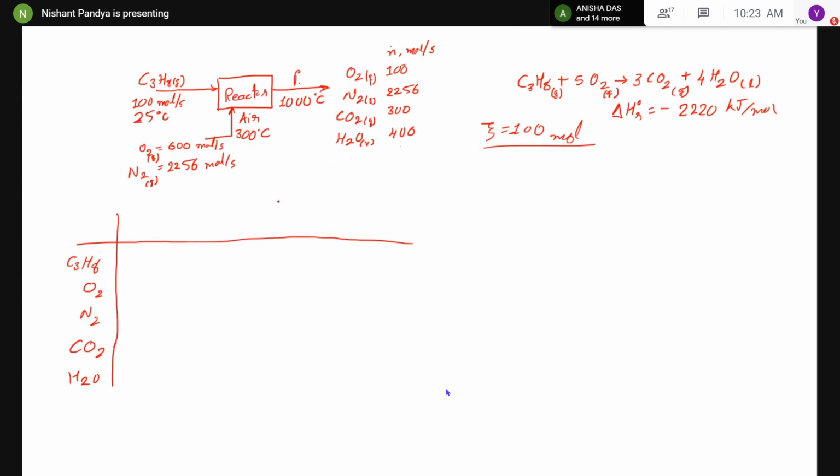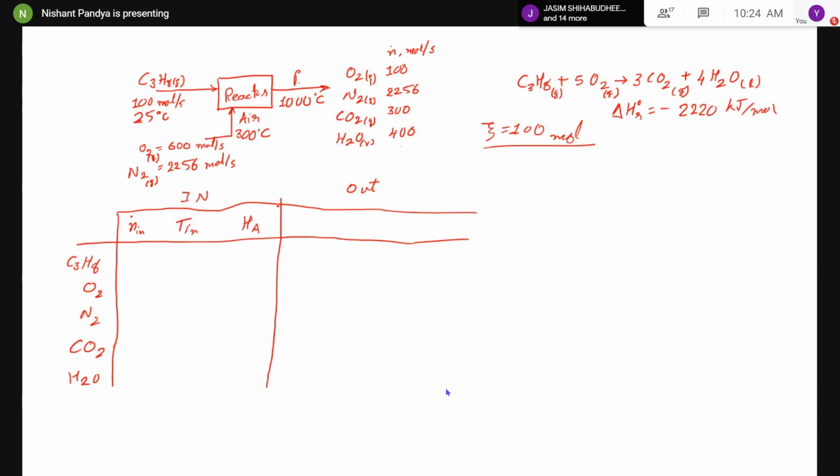Now, one more thing I suggest you add to the enthalpy table. You make two separate columns, one for in and one for out. First have a look so you can prepare accordingly. For in and out, you make Ni, the flow rate in. Second, you write the temperature of each component in, and then H cap in.